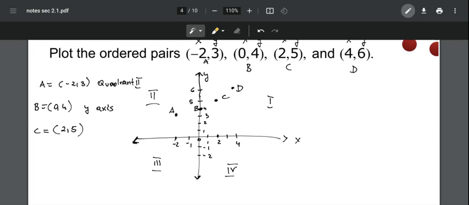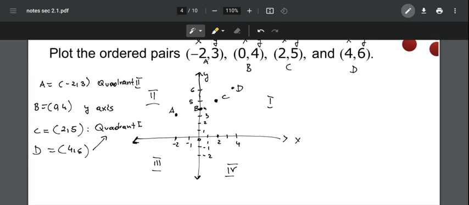It's positive x, positive y. So like you see, point C is in quadrant 1. And point D with coordinates (4, 6). The same thing, positive x, positive y. That means it must be in quadrant 1. So also quadrant 1. Okay.